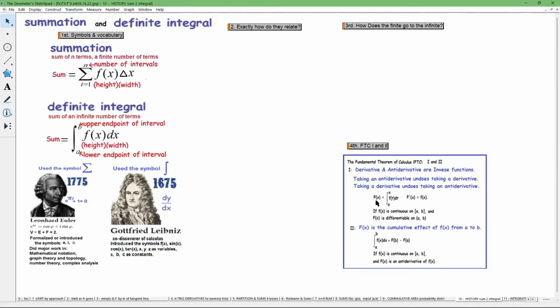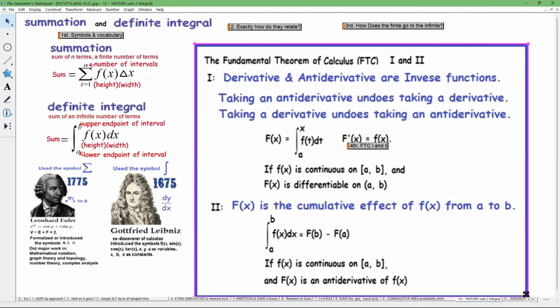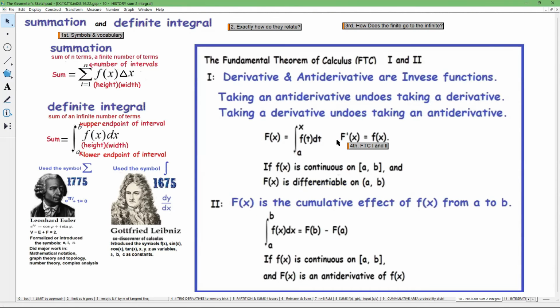It deals with the fact that taking an antiderivative undoes taking the derivative, and taking a derivative undoes taking the antiderivative.